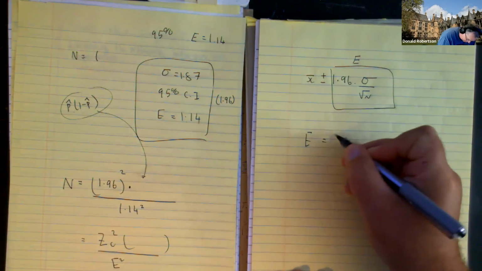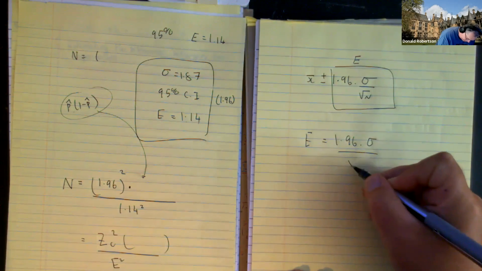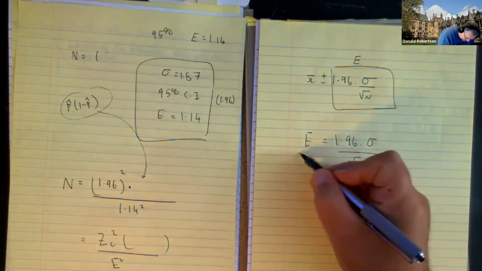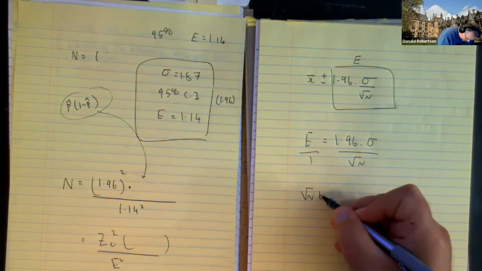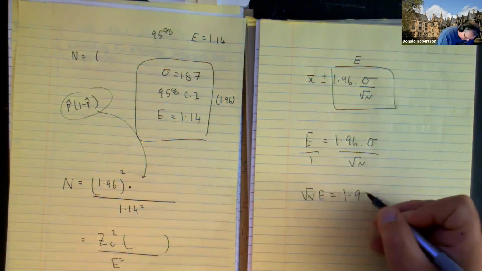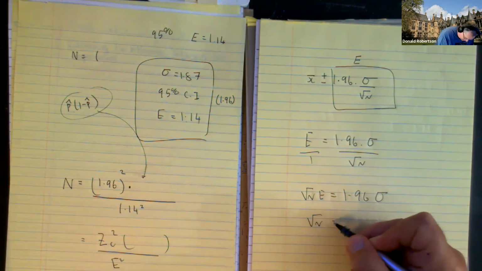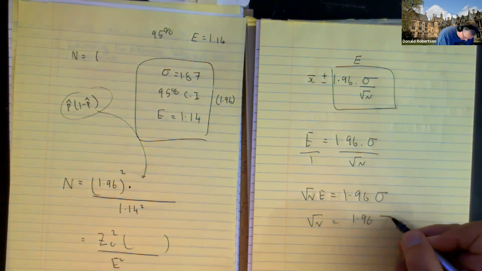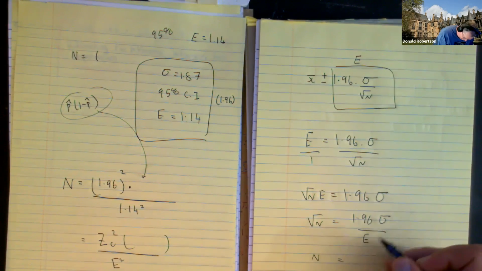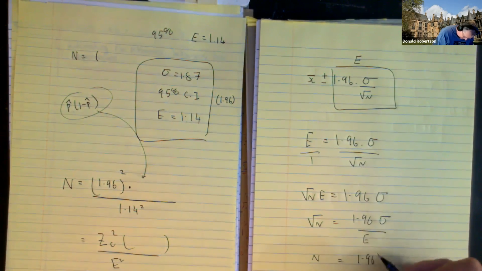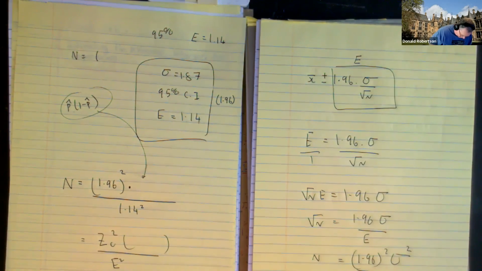So I'm starting off here, and I'm after N, so doing a little cross multiply, and then I'm going to divide by E. And then finally, I'm going to square everybody. Oh, and now I have the formula.